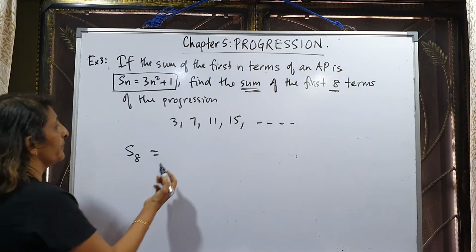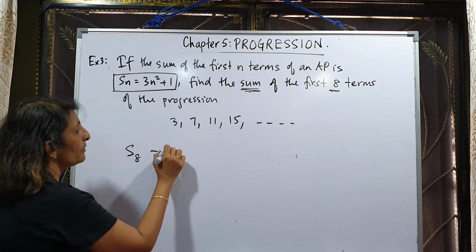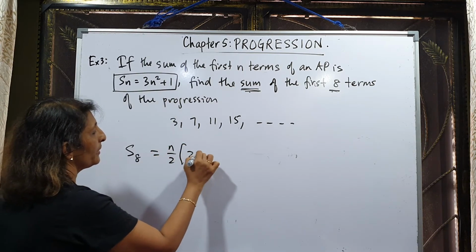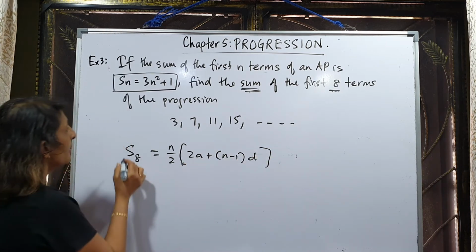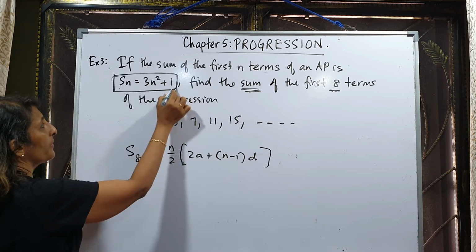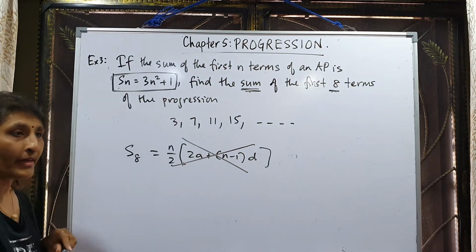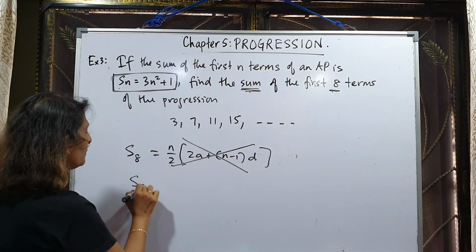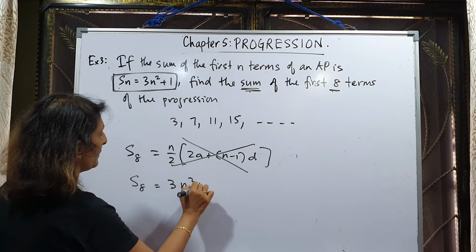Now look here. In this question, although we know the formula n over 2 (2a plus (n minus 1) d) is the formula for Sn, since this question is giving you a different formula for Sn, you are not supposed to use this formula. You are supposed to use the one they give, which is 3n squared plus 1.